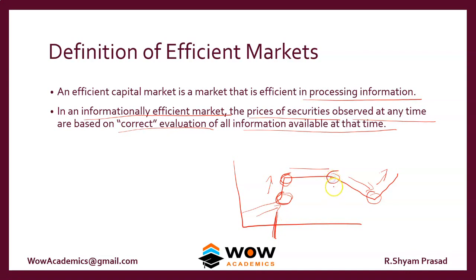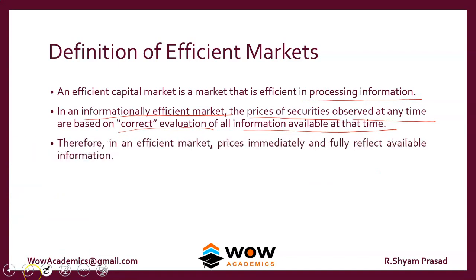So this price contains information till this point of time. The price of any security is a reflection of the information. Therefore, in an efficient market, prices immediately and fully reflect the available information. That is the definition of efficient markets.